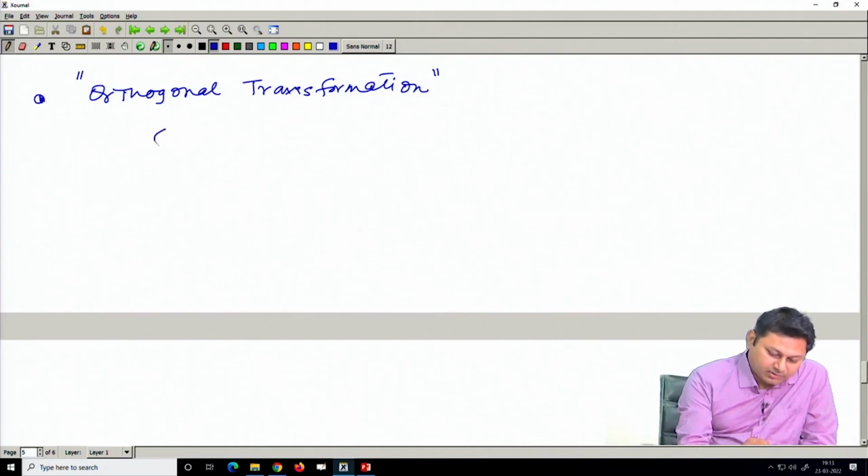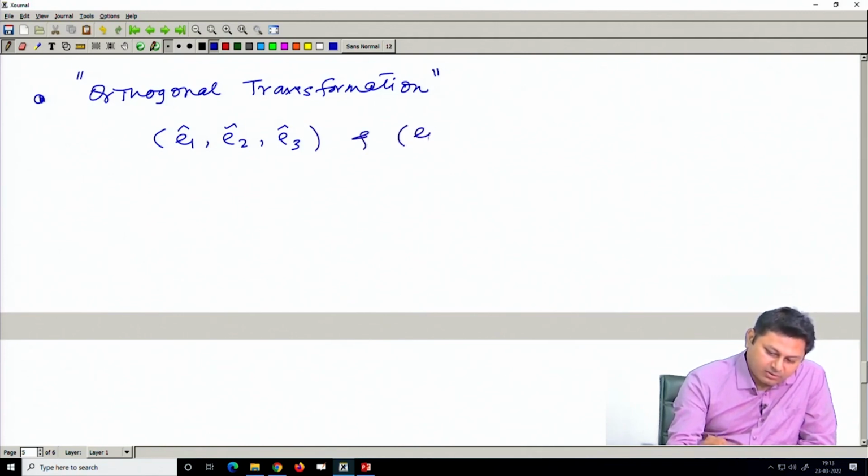Okay, so suppose in general I have a coordinate system having unit vectors E1, E2 and E3, and another set I am having like E1 unit vector with prime, E2 with prime and E3 with prime.